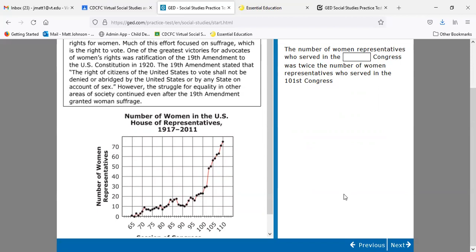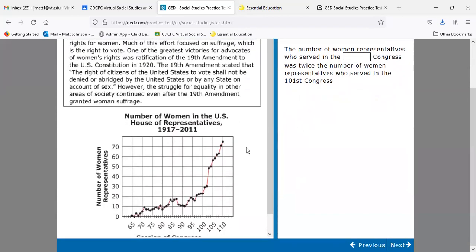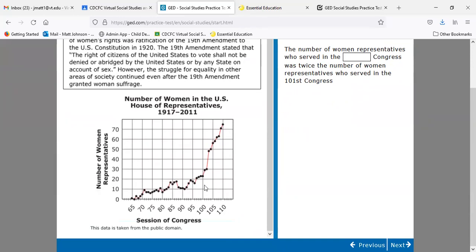It will be like 28 or 29. So, well, that's the number of women. So the number of the congressional session. So the number of women representatives who served in the blank Congress session was twice the number of women representatives who served in the 101st Congress.